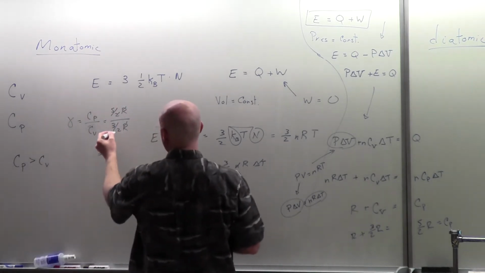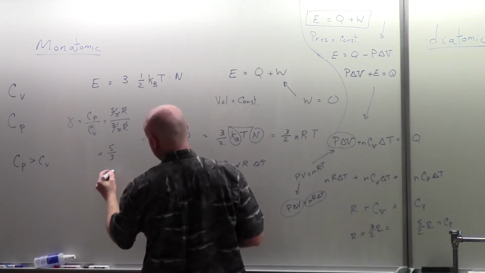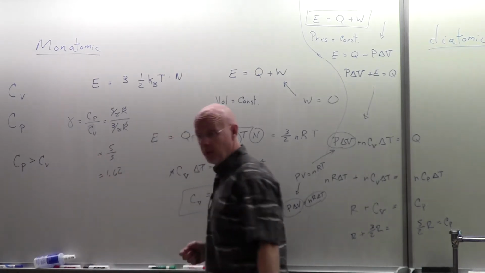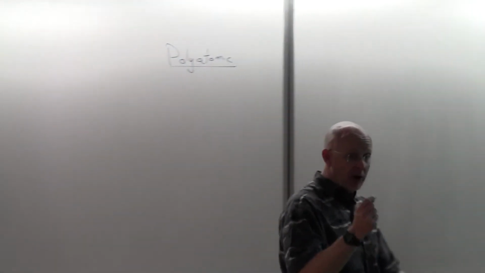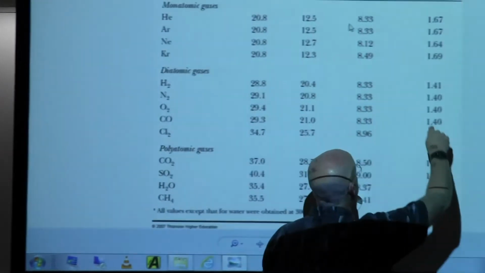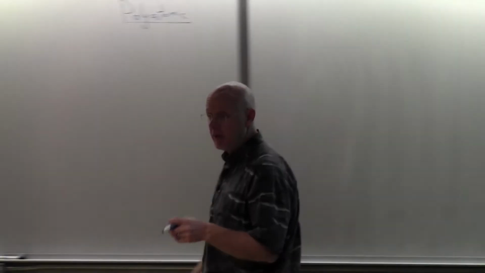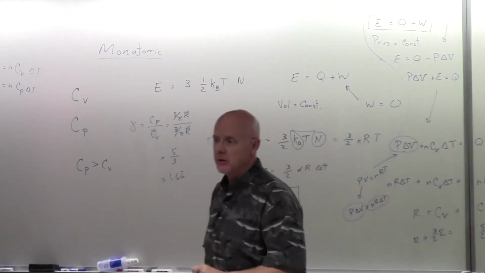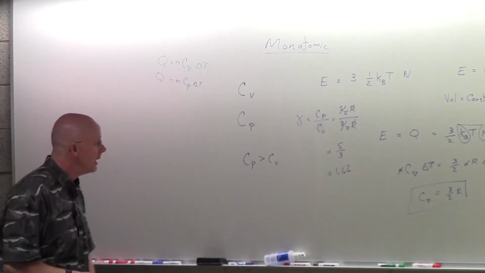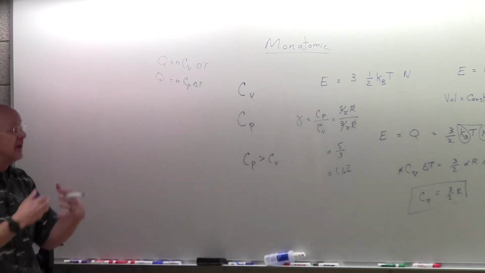R's cancel, halves cancel, so 5/3, which is 1 2/3. So 1.66 repeating forever and ever. And at this point, you may not realize the advantage of the ratio of them, but that's the last step here in the chapter, that this ratio of CP over CV becomes important when we are working with an adiabatic process.